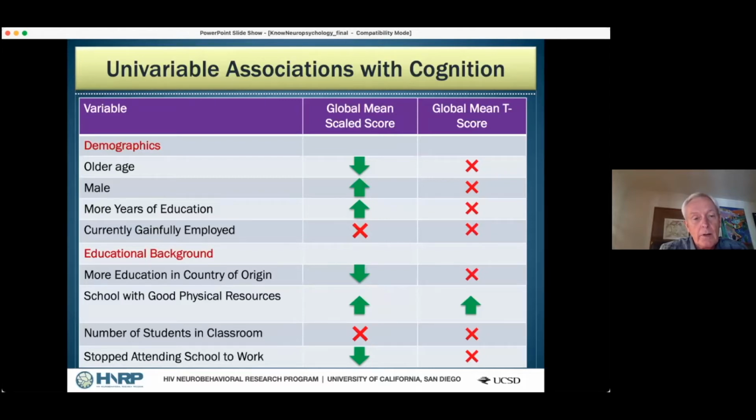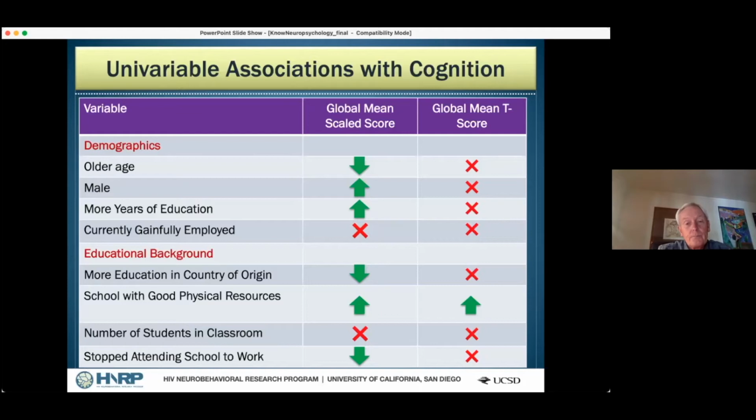Here in the middle column, we're looking at global mean scaled scores on our HIV battery that covers 7 basic ability areas that include verbal fluency, processing speed, attention, speed of information, attention working memory, new learning and delayed recall, and executive function and complex motor function.